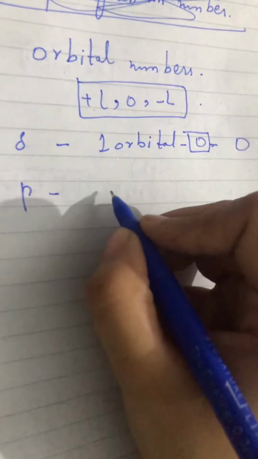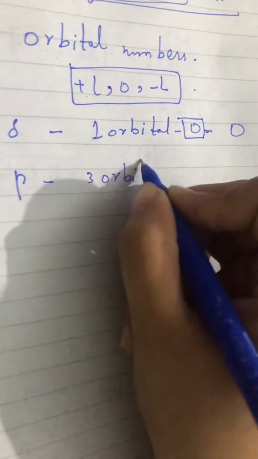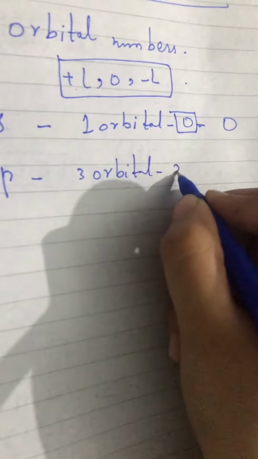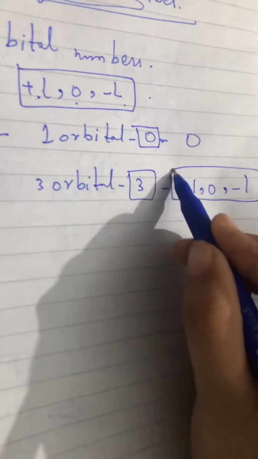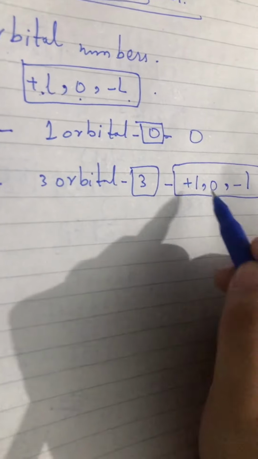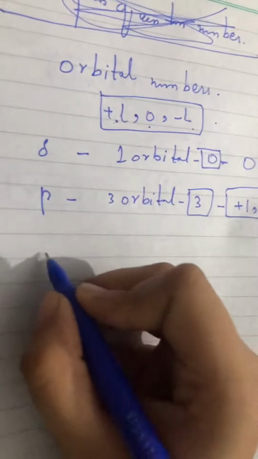Now in P we are having 3 orbitals, so 3 orientations. So the orbital numbers will be plus 1, 0 and minus 1. These are 3 orientations, so 3 orbital numbers: plus 1, 0 and minus 1.